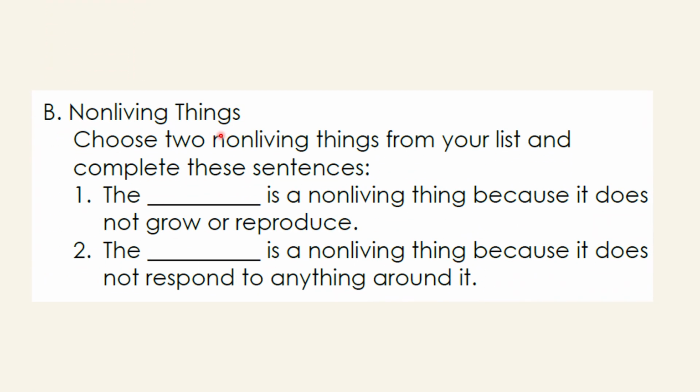B. Non-living things. Choose 2 non-living things from your list and complete these sentences. 1. The blank is a non-living thing because it does not grow or reproduce. 2. The blank is a non-living thing because it does not respond to anything around it.